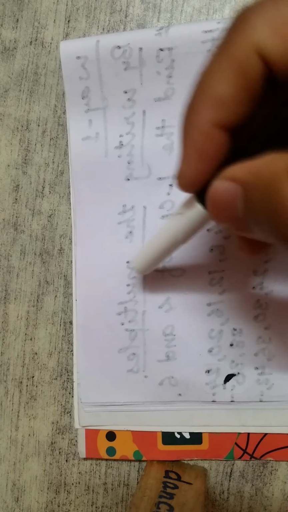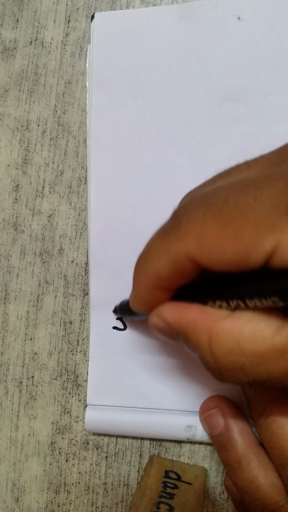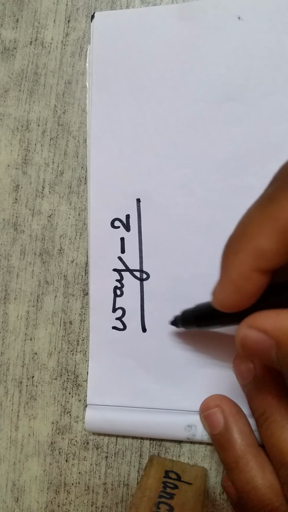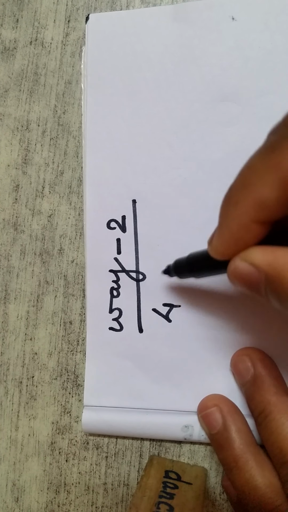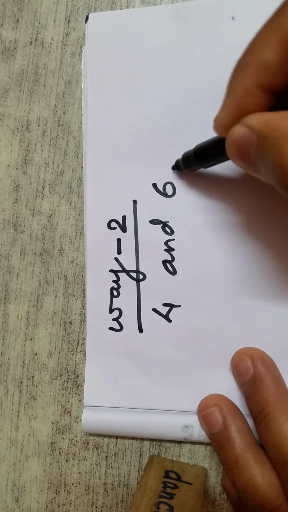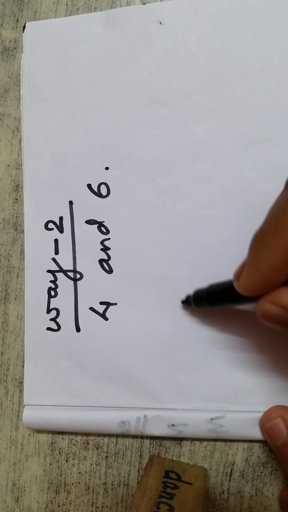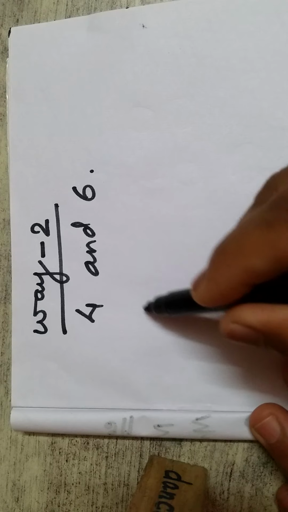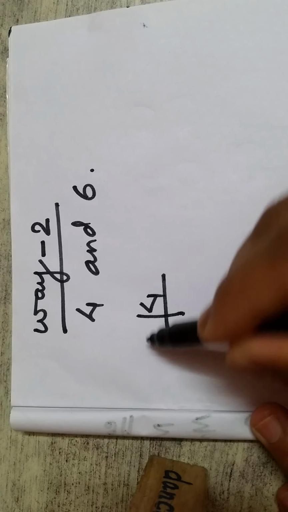Now for the same numbers, 4 and 6, we can use another way also to find out the LCM. The numbers were 4 and 6. In this method, we just factorize the given numbers. 2 2s are 4.